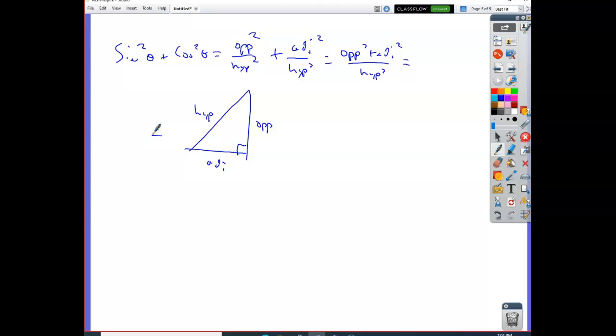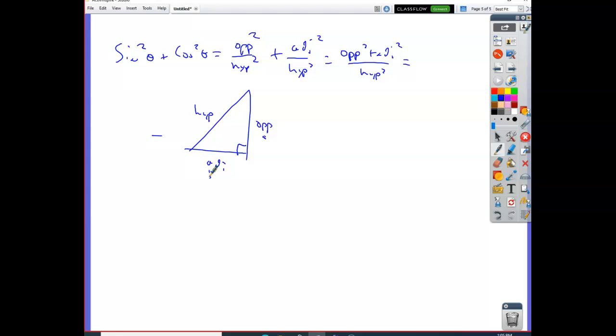This is the opposite, right? This is the adjacent. Look, this is the opposite side, and this is the adjacent side. How are the opposite, adjacent, and hypotenuse arranged, according to Pythagoras? Well, the hypotenuse is always longer.